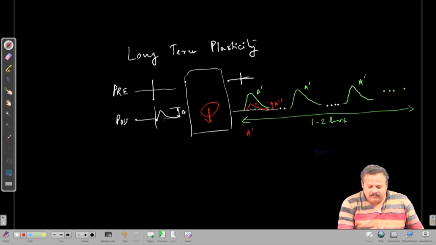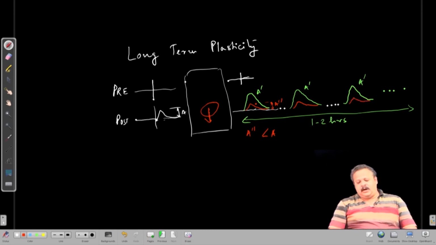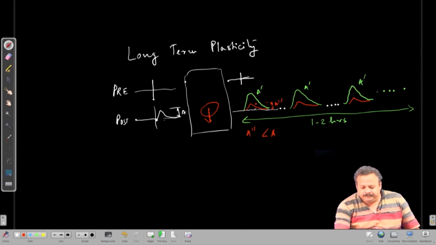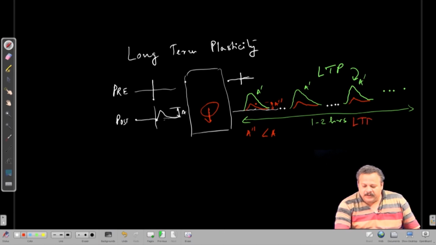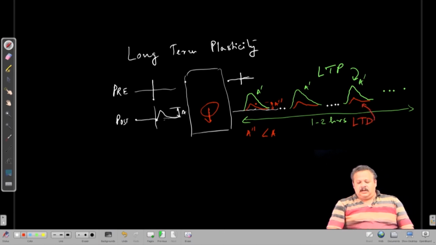A double prime is less than A, and it continues to be so throughout that period of an hour to 2 hours, and that is long term depression. So, what we have here is long term potentiation in green, and long term depression here in red.